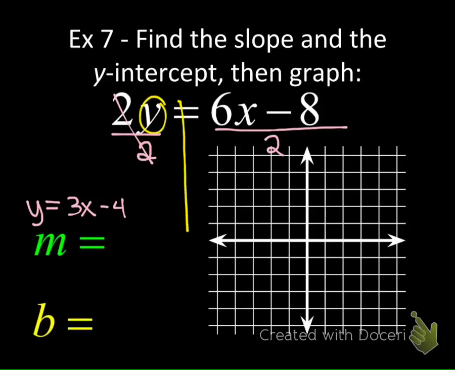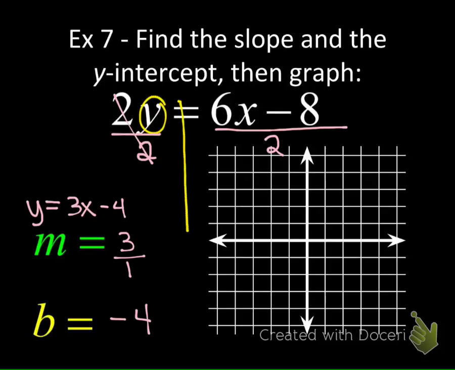So now's your y by itself? Yeah. And are we back into slope-intercept form? Yeah. So now we have y equals mx plus b. What is my y-intercept? Negative 4. Which variable do I write that by? B. What's my slope? 3. And then what do I put under it? 1.